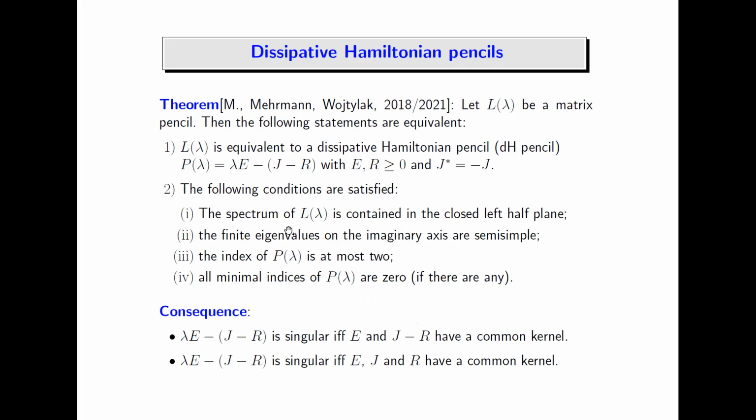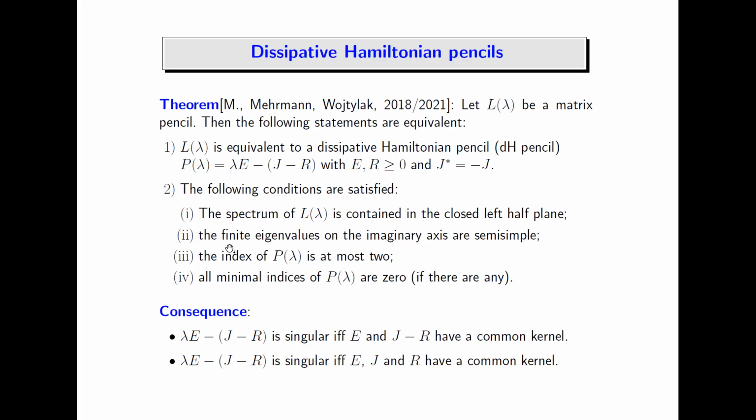So the spectrum is contained in the closed left half plane, and with spectrum I always mean the eigenvalues that are in the Kronecker canonical form. So even in the singular case, eigenvalue means that we have a Jordan block in the Kronecker canonical form. So those are always in the closed left half plane. The ones on the imaginary axis are semi-simple if they are finite.